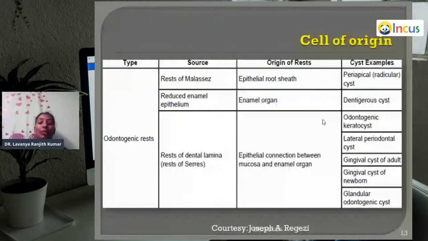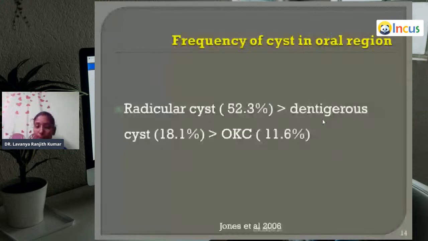And the rest of dental lamina is called the cell rest of Serres, the epithelial connection between the mucosa and enamel organ. So all other odontogenic cysts, OKC, lateral periodontal cyst, gingival cyst of adult and newborn, and GOC, come under the cells related to the rest of dental lamina, or cell rest of Serres.